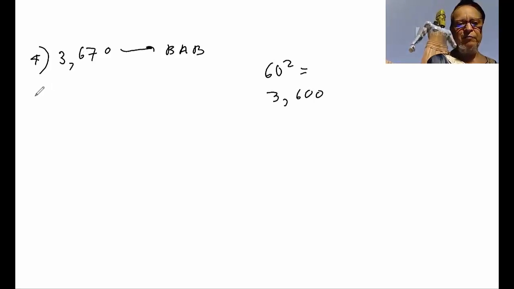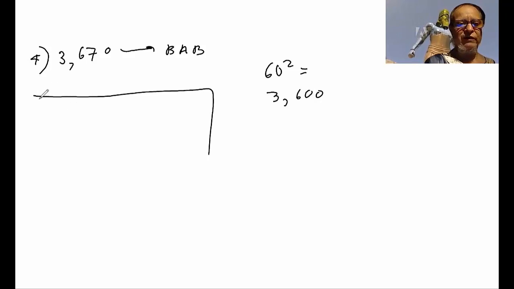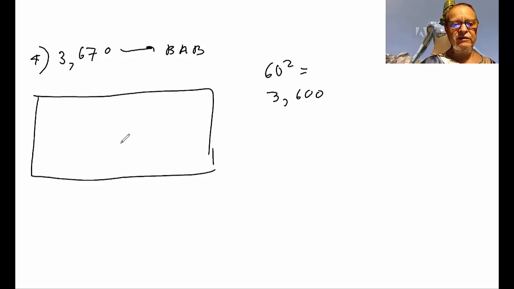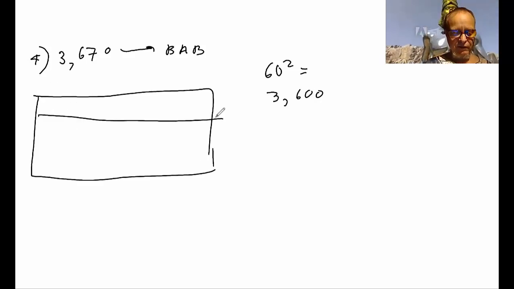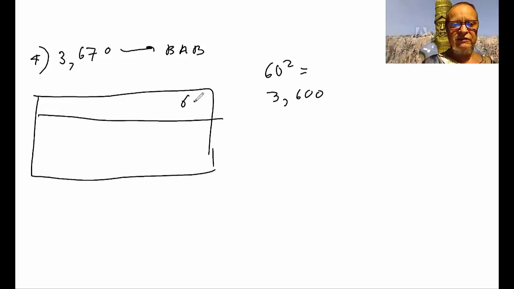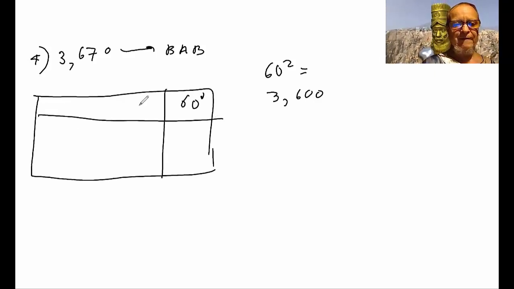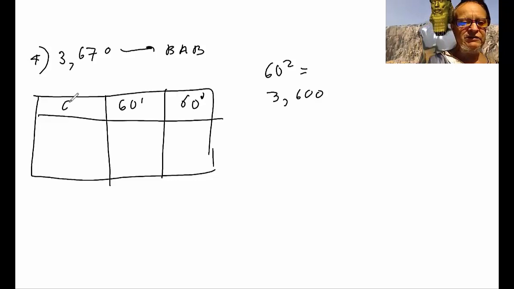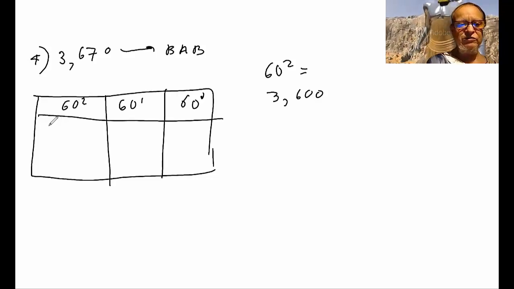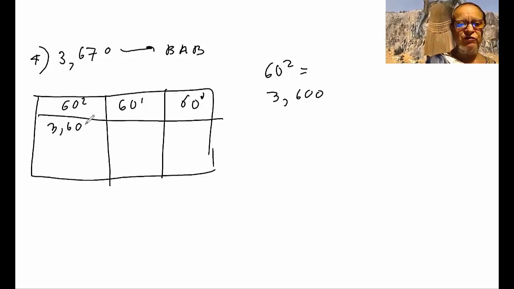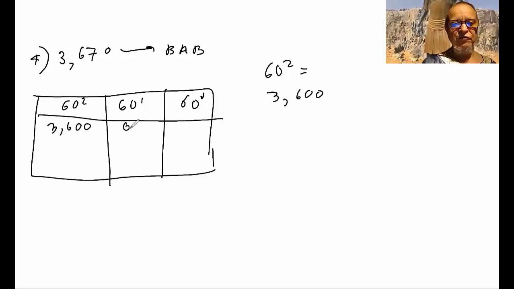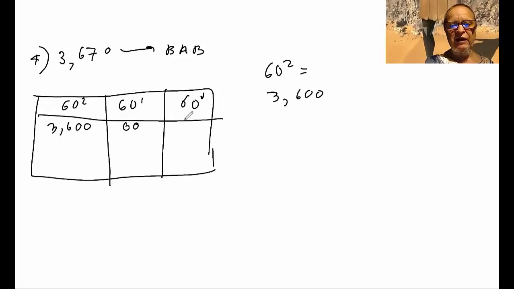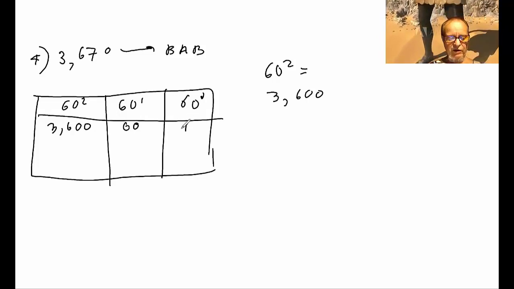So in our table, we will need to go a little bit further than we did in our last example. So we'll have the 60 to the 0 power, yes. We'll have the 60 to the first power, yes. But then we'll have the 60 squared. And remember, the 60 squared is 3,600. The 60 to the first power is 60, and anything to the 0 power is 1.